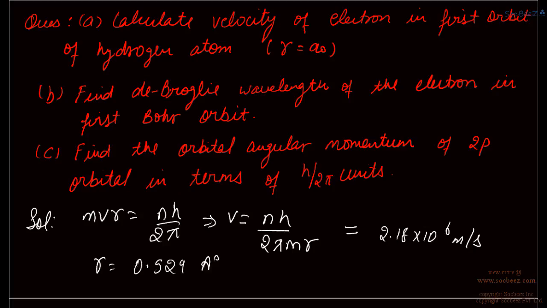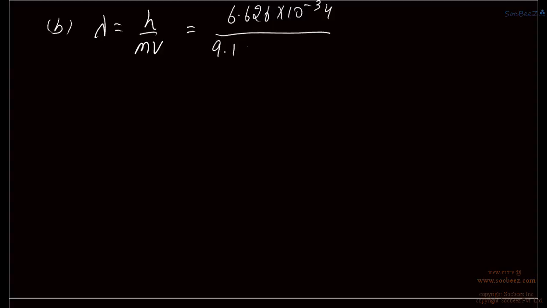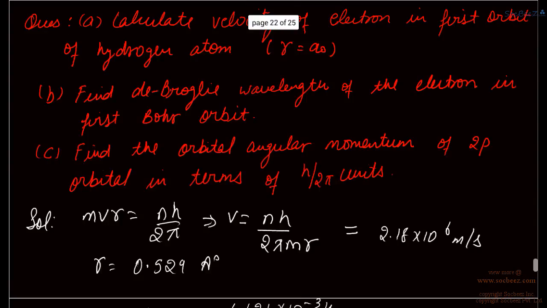Very easy question. The second part says find de Broglie wavelength of the electron in first Bohr orbit. We know the value of v, and by de Broglie hypothesis, lambda equals h upon mv. So lambda will be 6.626 into 10 raised to the power minus 34, divided by 9.1 into 10 raised to the power minus 31 into 2.18 into 10 raised to the power 6.